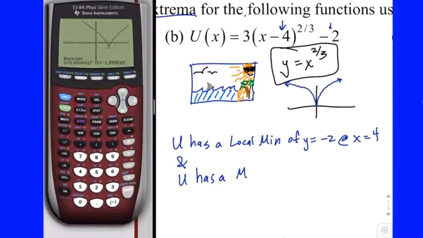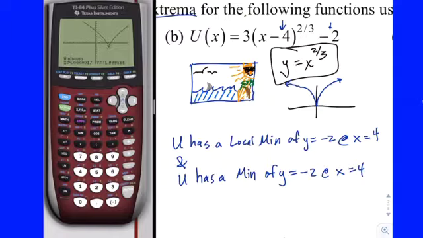Absolute min, or just a min of y equals -2 at x equals 4. Good. Yeah, you can do it in one sentence. U has a local min and a global min of y equals -2 at x equals 4.